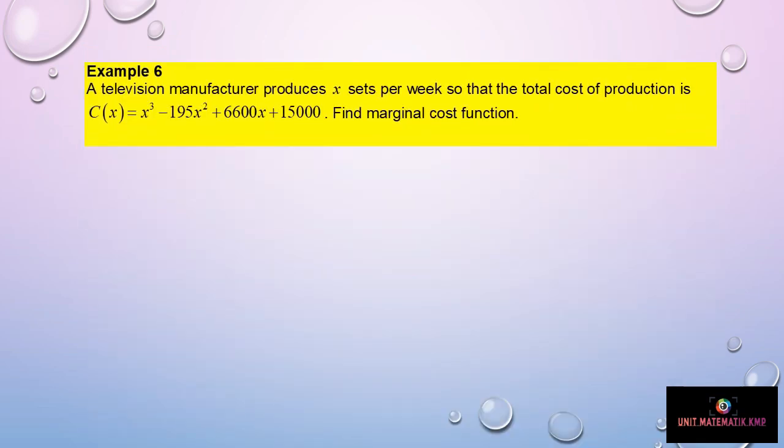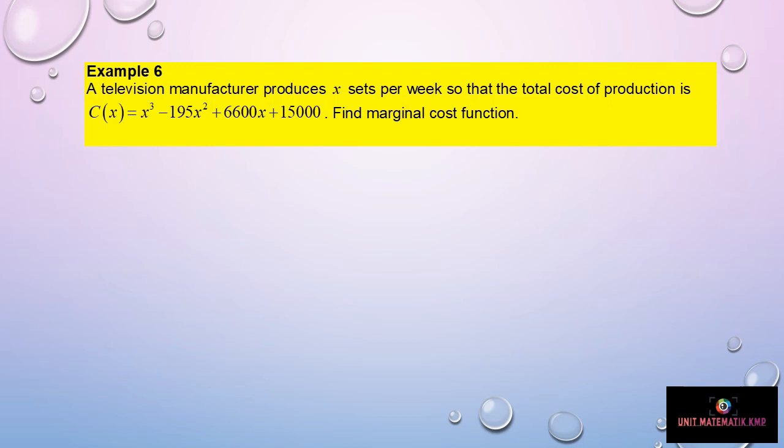Example 6. A television manufacturer produces x sets per week so that the total cost of production is C(x) equals x cubed minus 195x squared plus 6600x plus 15,000.